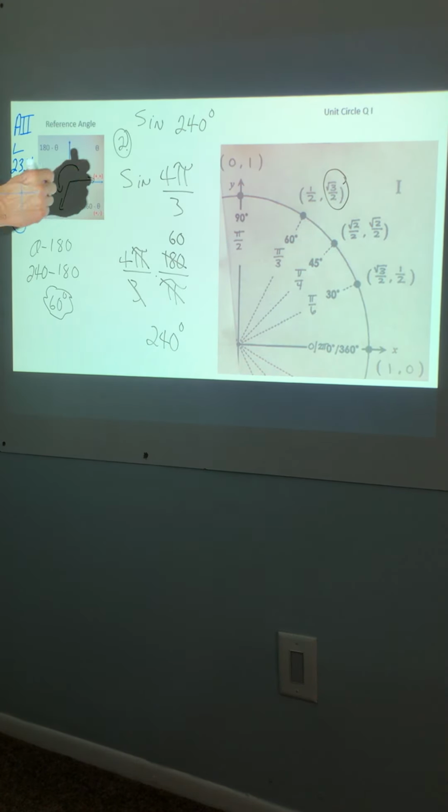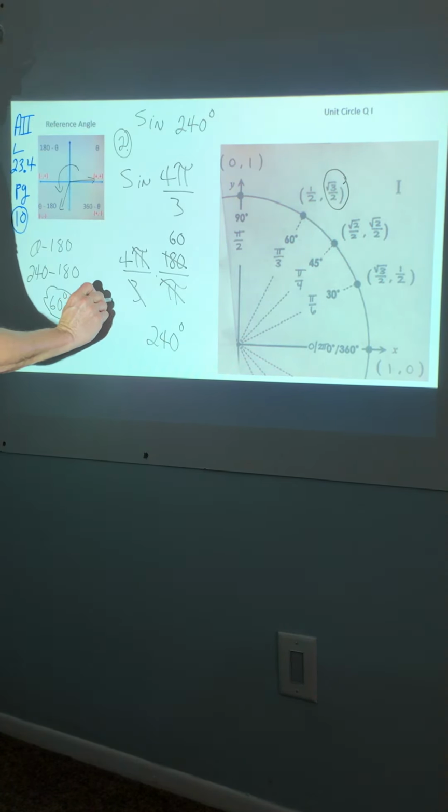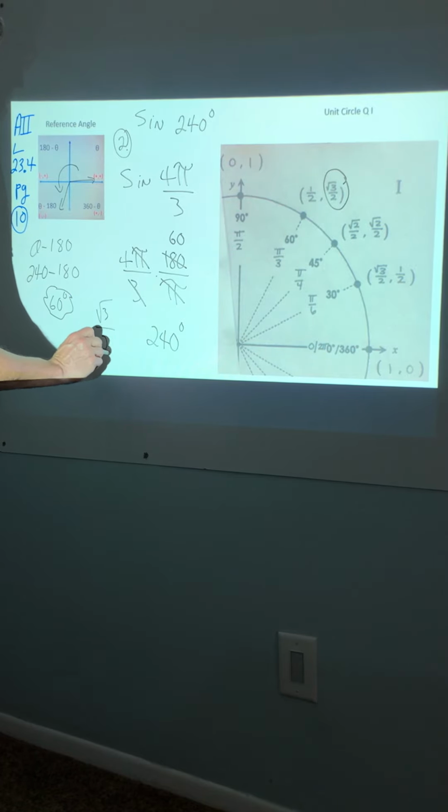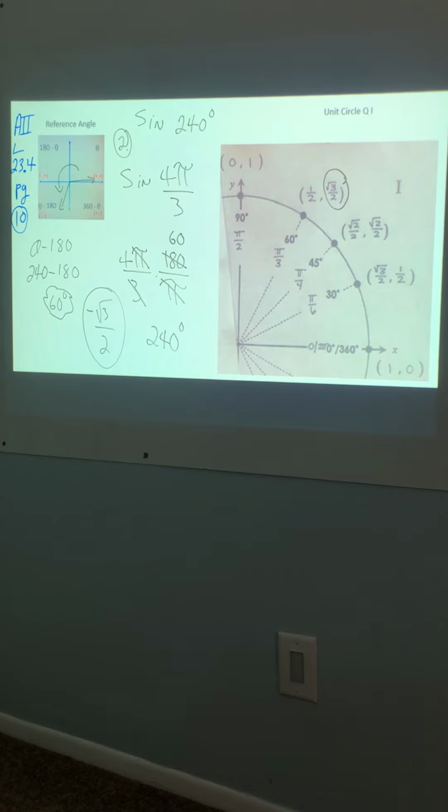So it's either going to be square root of 3 over 2 or negative square root of 3 over 2, but since you landed in quadrant 3, where sine is negative, you put a negative there. Talk to me. We're okay?